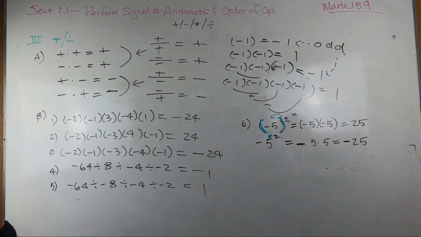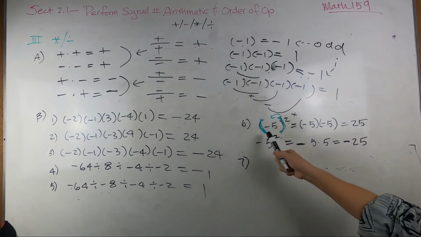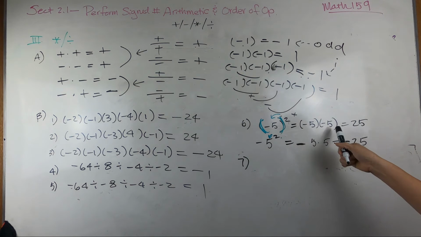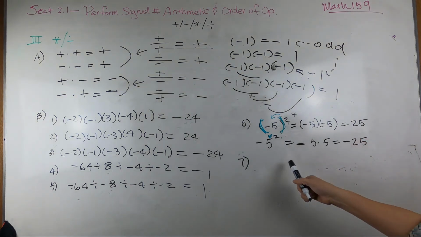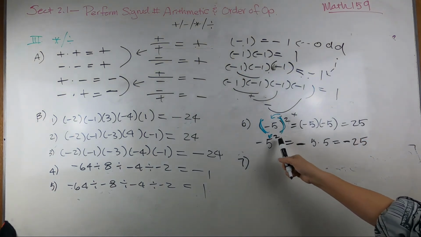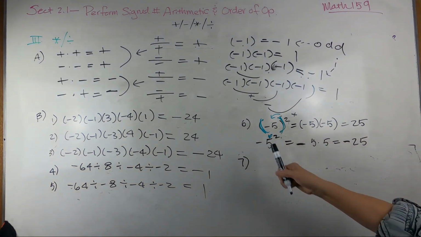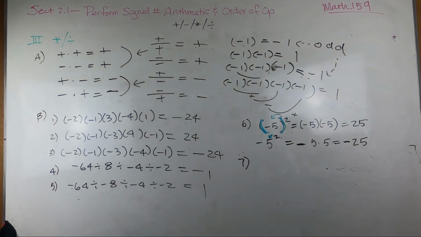You need to be careful with this. Right? They are different. One is negative 5, negative attached to 5 as a whole base, multiplied by itself twice. Then this one is you do the exponent first, right? Then you attach the sign to the number. We couldn't emphasize enough. You need to remember it.